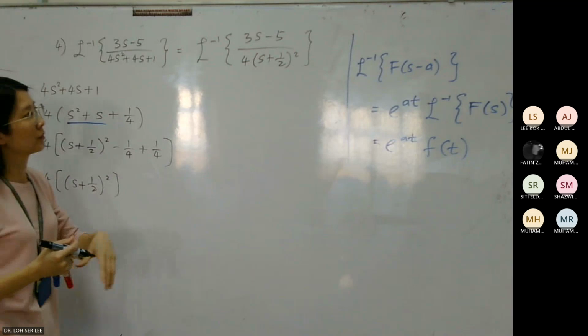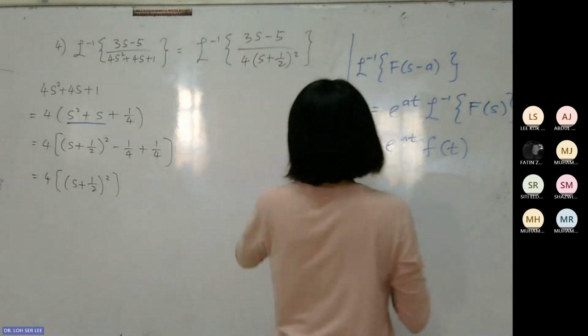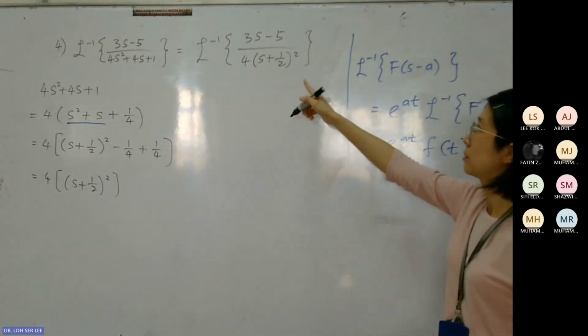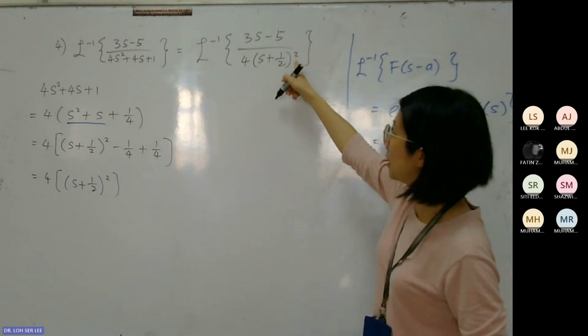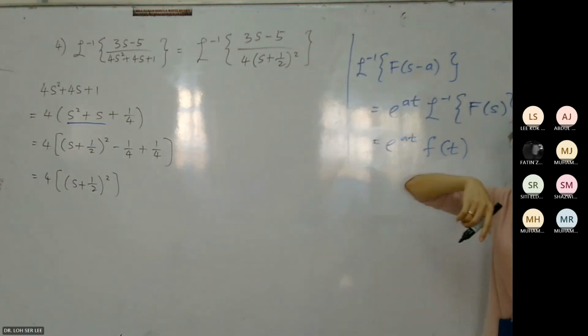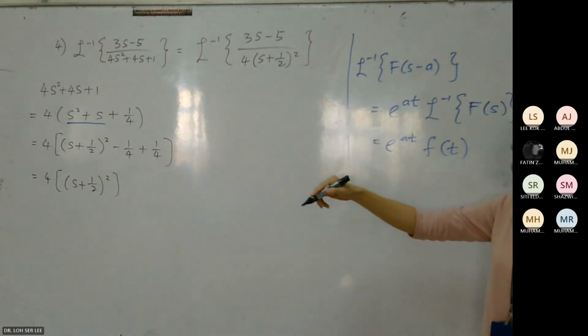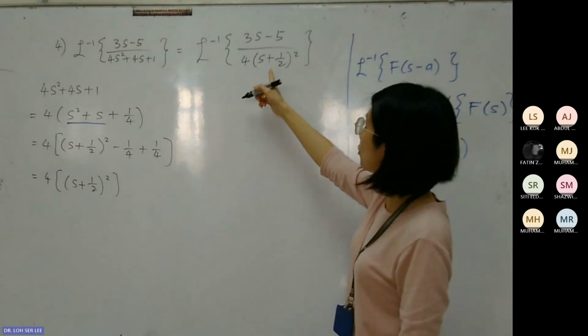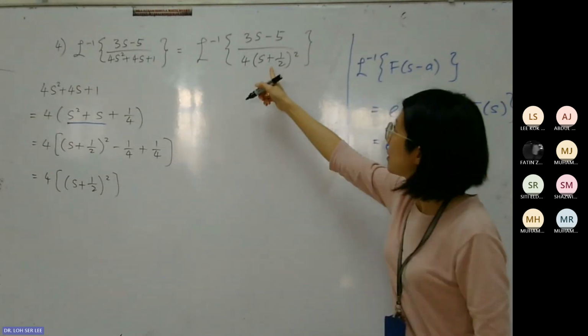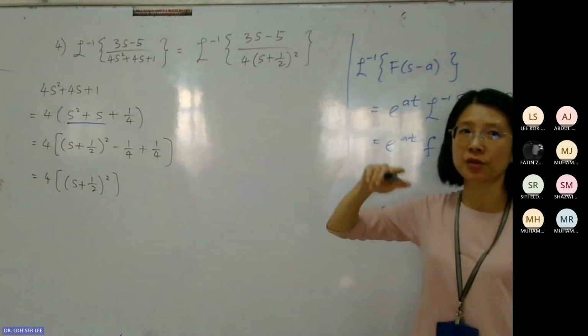If you use cos, you do not have a plus a squared. This one, no matter how, you have to take out the plus half.